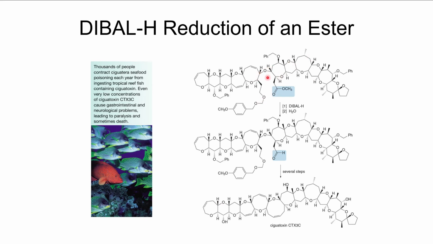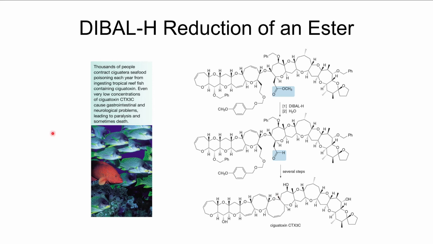If we treat this with lithium aluminum hydride, this ester will get converted into an alcohol. In this particular synthesis, the synthetic chemist who was doing this wanted to create an aldehyde, not an alcohol here. And so to create that aldehyde, they used DIBAL to convert this ester into the aldehyde. And then with several additional steps, they can create this compound.